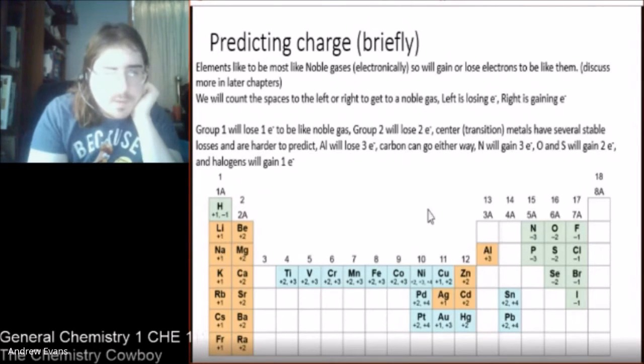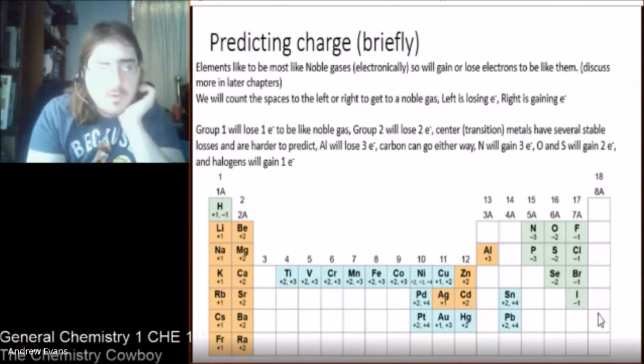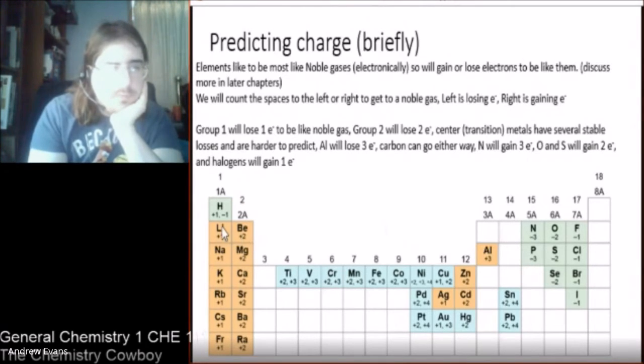Sodium, be jumping into this spot right there. Also 1 electron. Potassium, 1 jump. Rubidium, cesium, all these guys take 1 jump. Beryllium right here takes 2. We move 1 electron lost, gets it like lithium. 2 electrons lost, gets it like helium.